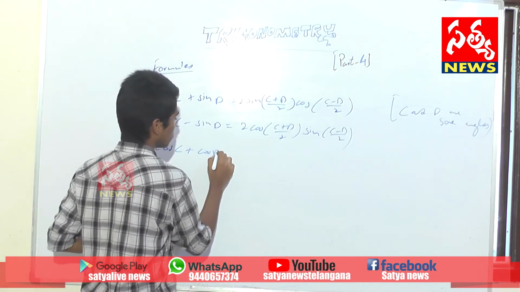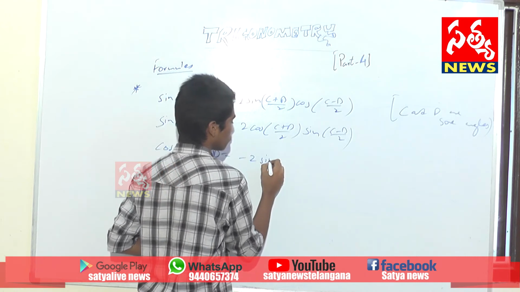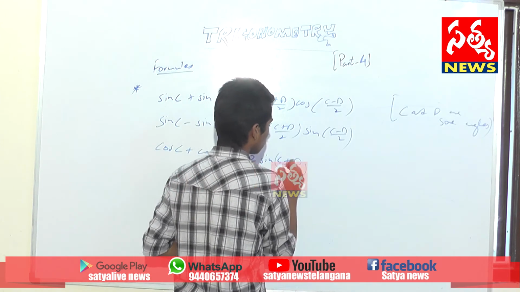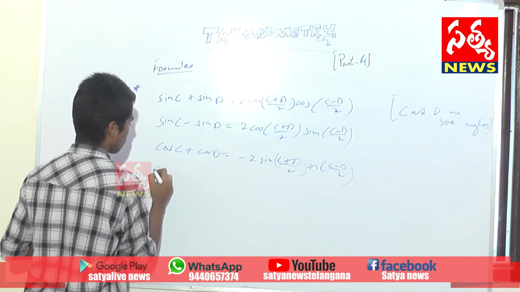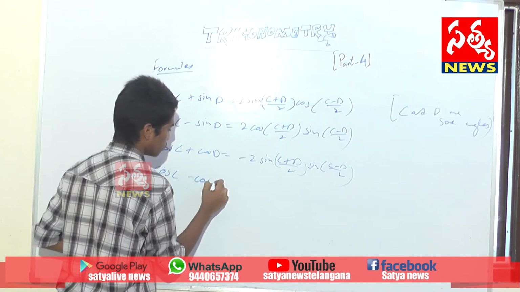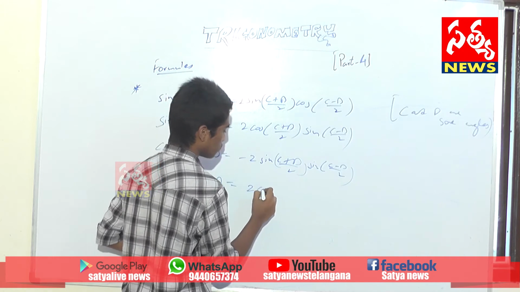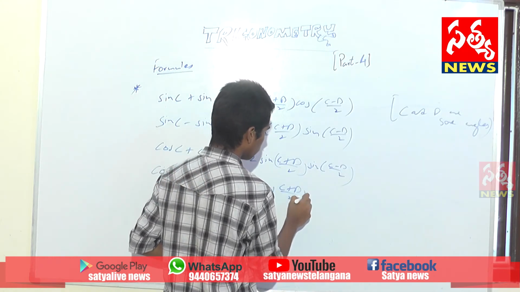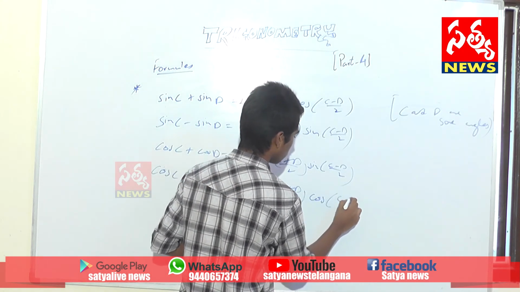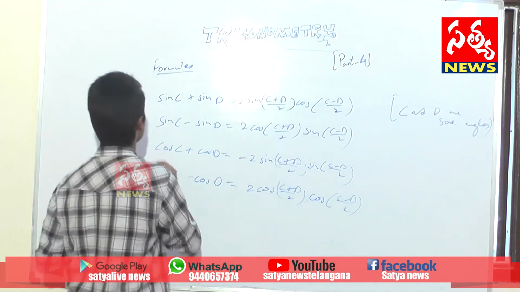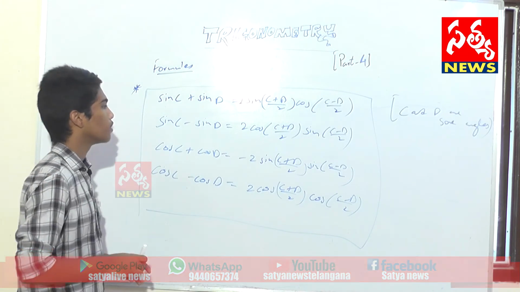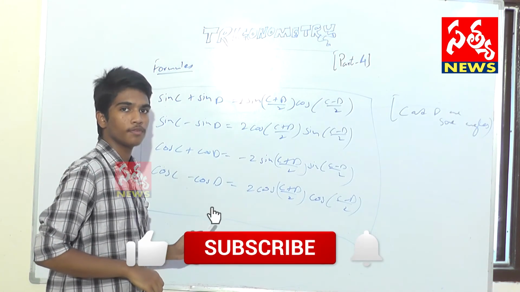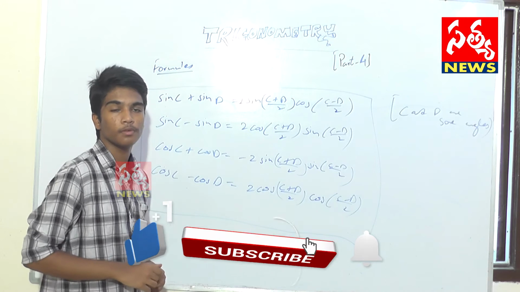Next, cos C plus cos D is equal to 2 cos C plus D by 2 into cos C minus D by 2. Cos C minus cos D is equal to minus 2 sin C plus D by 2 into sin C minus D by 2. These are also some formulas which we use in solving problems.